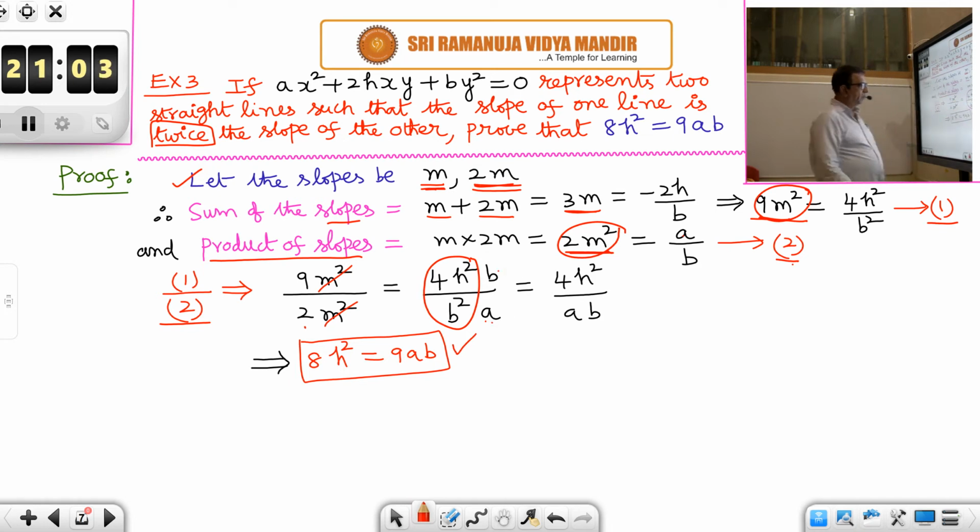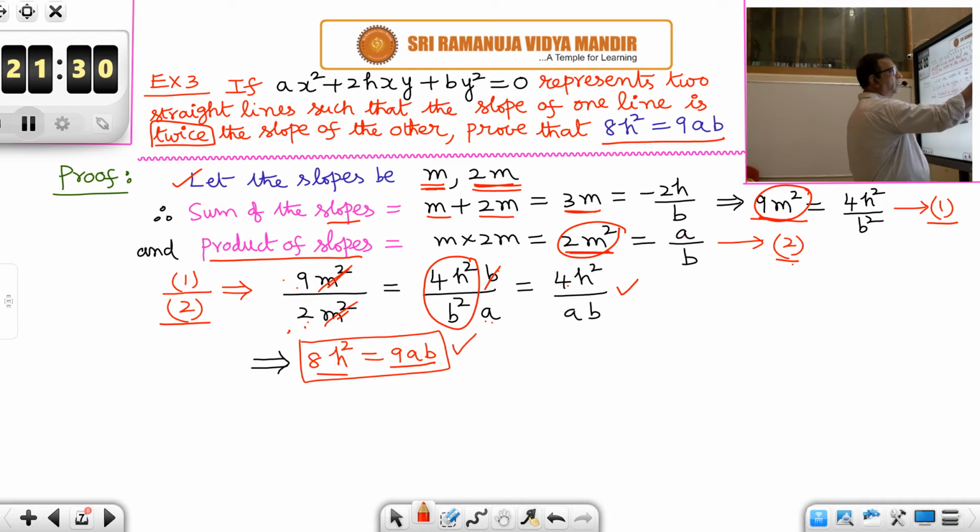So m square is gone, and one b gets cancelled, so 4h square by ab is equal to 9 by 2. Cross multiply: 2 into 4h square, 8h square, is equal to 9 into ab, 9ab. And that is what we have to prove: 8h square should be equal to 9ab.